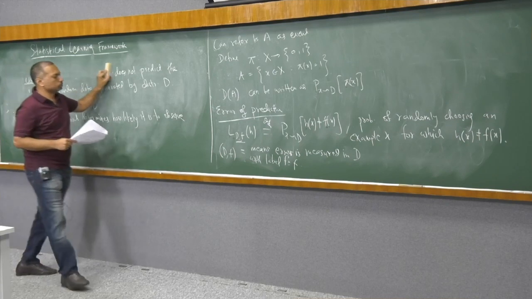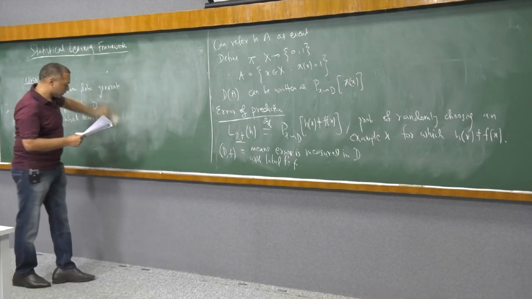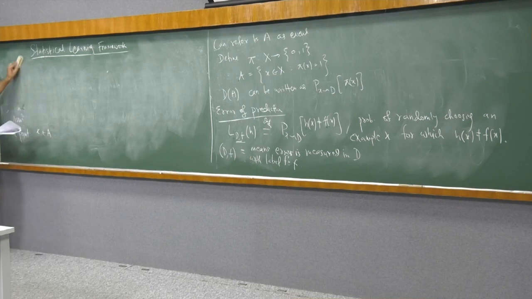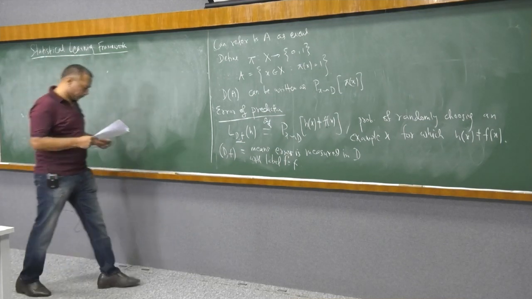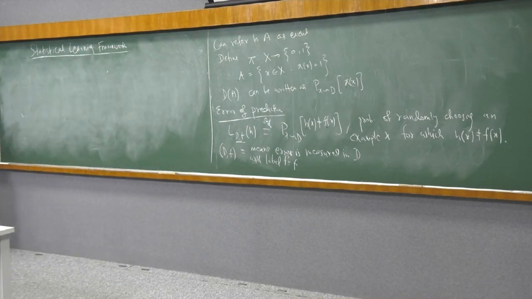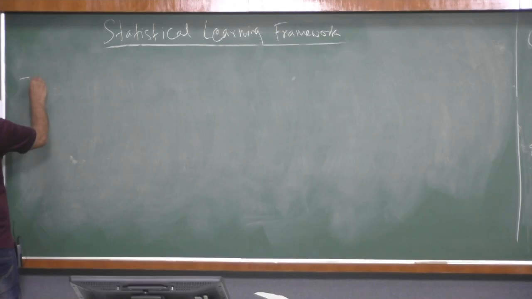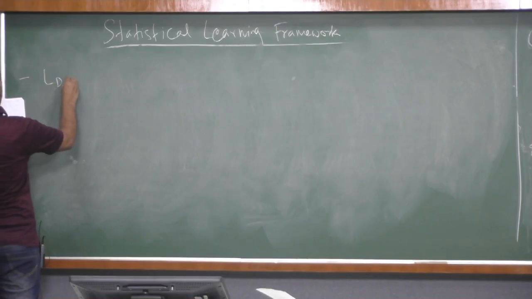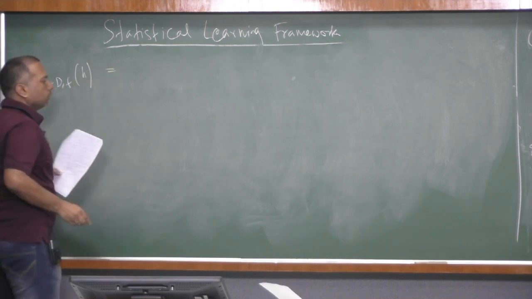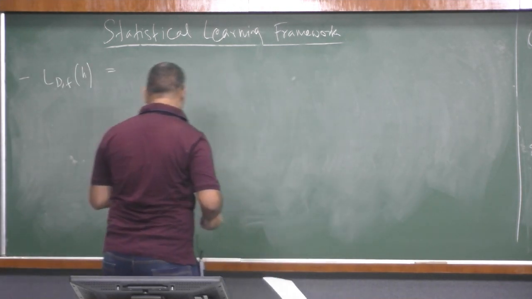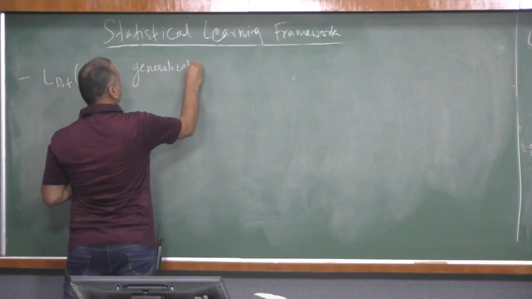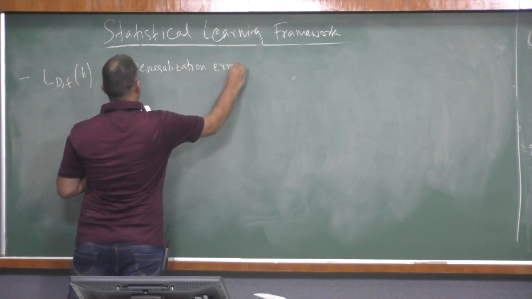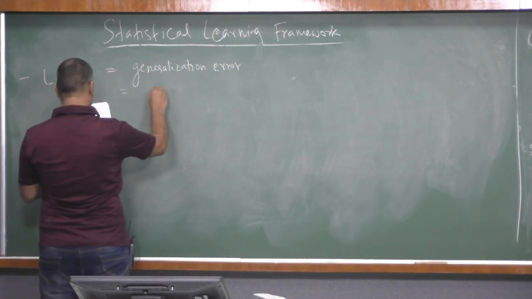So we have defined this loss. Now we will define a few things like generalization error, empirical risk. When you read papers they will always keep saying empirical risk and so on. So here L_D,f(h) is called generalization error, or it's called risk.